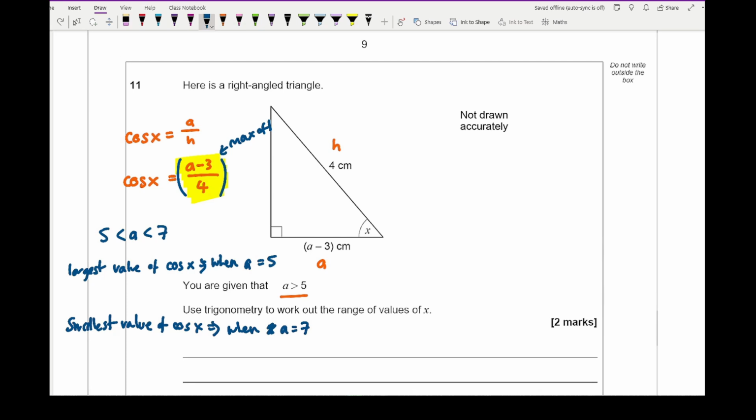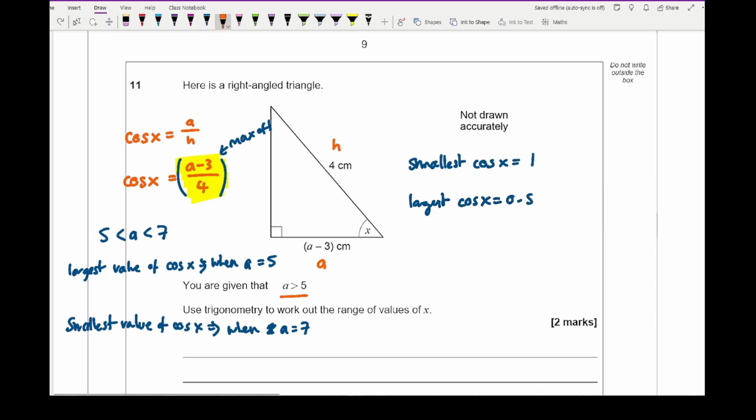So from this, what we've then got is the smallest cos x is when a equals 7, so that's 7 take away 3 over 4, which is 1. And the largest is when cos x equals 0.5.